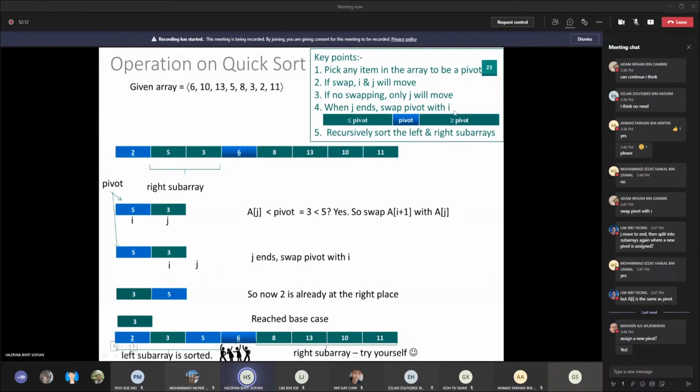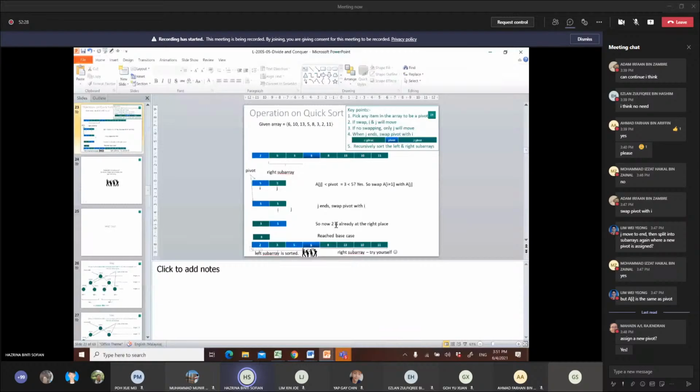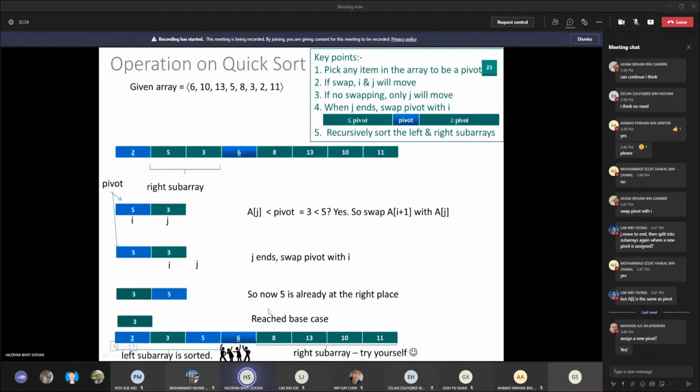They swap the pivot with I. Right now I is 3, pivot is 5. So they do the swapping. Okay, and then I'll re-upload this, please forgive me. So now 5 is already at the right place.